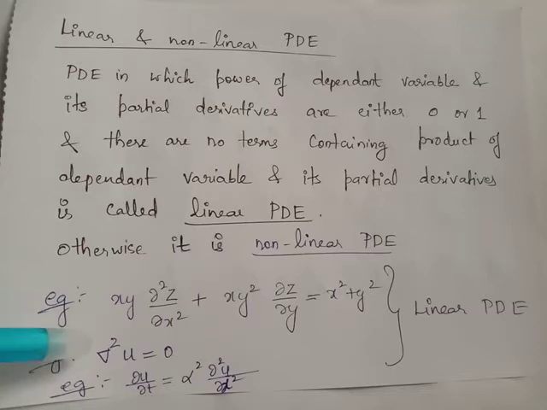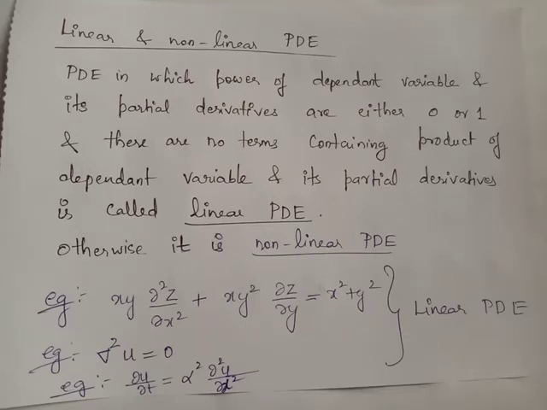Also in Laplace equation the power of dependent variable u is 0 because the LHS has no terms of u, only partial derivative expressions occur in LHS. Second order partial derivatives are the only terms present in LHS for Laplace equation. So Laplace equation is also an example for linear partial differential equation.